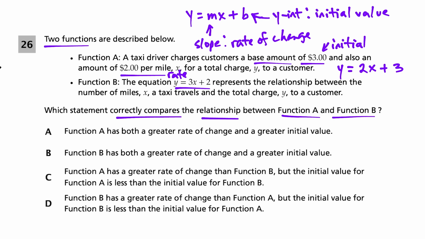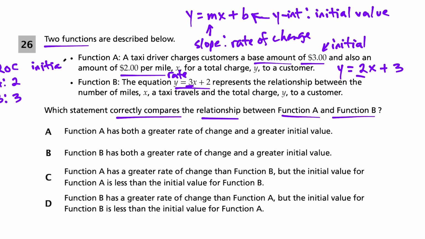So now we just have to identify a few things: the rate of change for function A and B. The rate of change is just the coefficient of x, and that's going to be 2 for function A, and for function B the coefficient of x is 3. Now we talk about the initial value.